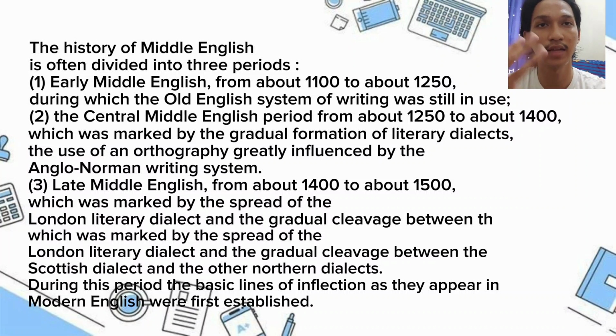And the third, late Middle English from about 1400 to about 1500, which was marked by the spread of the London literary dialect and the gradual cleavage between the Scottish dialect and the other northern dialects. During this period, the basic lines of inflection as they appear in modern English were first established.